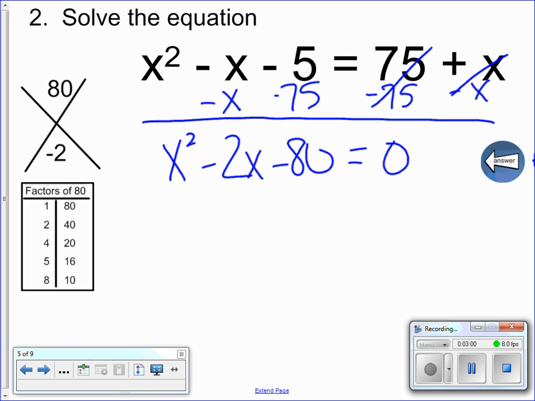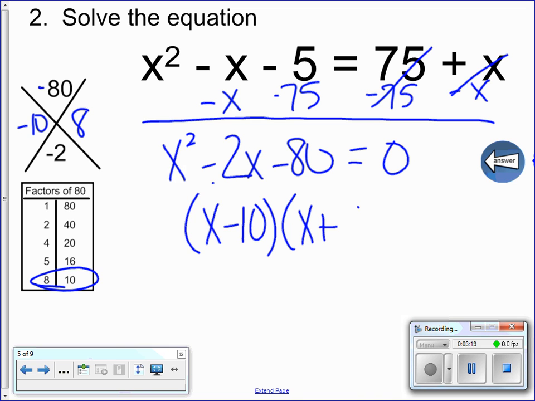Now what two numbers multiply together to equal negative 80 and add together to equal negative 2? That would be 8 and 10. Since this is negative, it would have to be negative 10 and positive 8. So x minus 10 and x plus 8.